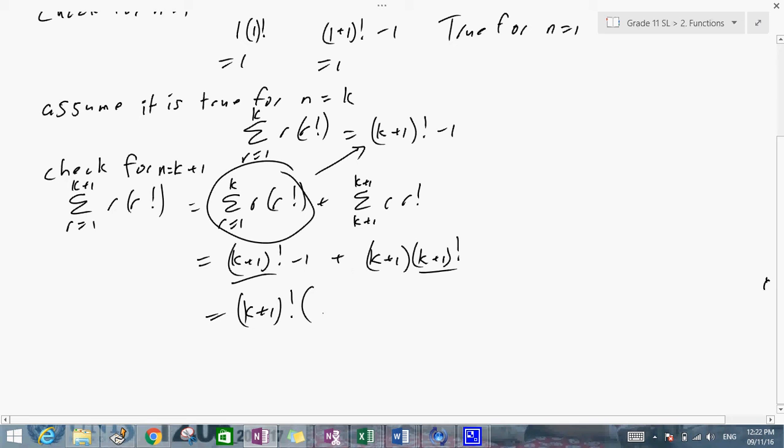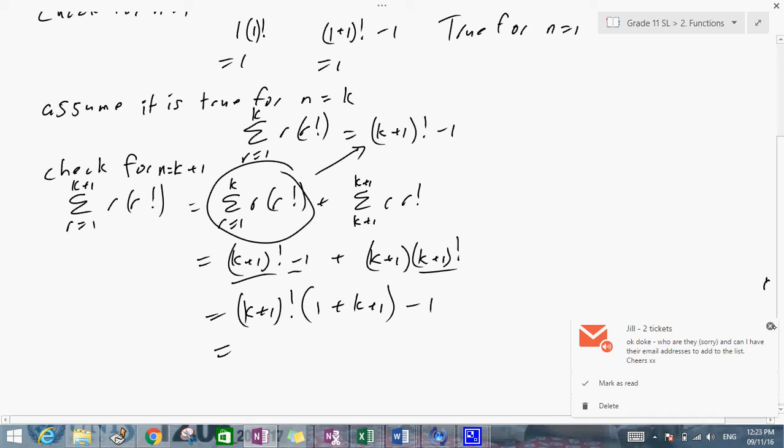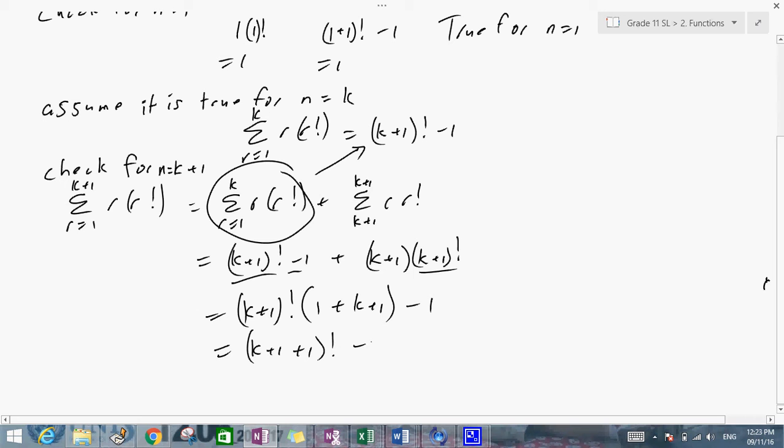What you get left is 1 plus k plus 1, and you also got this minus 1, so let's just put minus 1 here. And this is equal to k plus 1 factorial times k plus 2, which is actually k plus 2 factorial minus 1. And that's what we were trying to get.